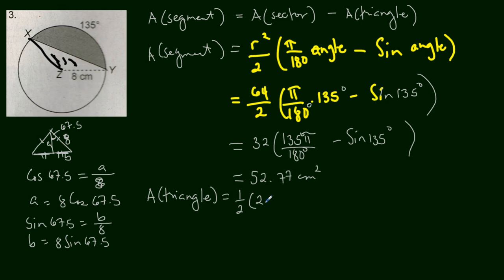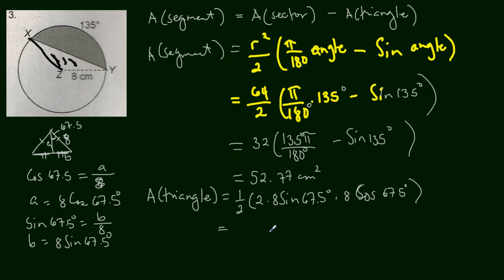So 2 times B, our B is 8 sine 67.5 degrees, multiplied by the height, which is A, that is 8 cosine 67.5 degrees.